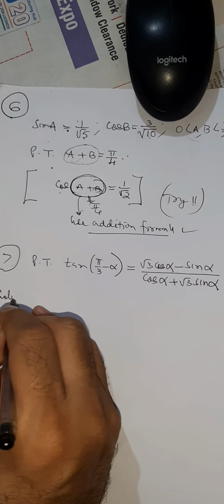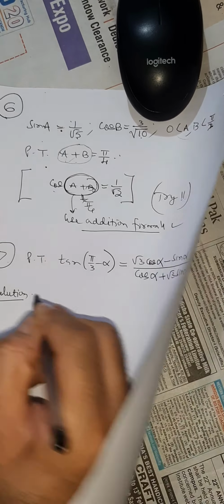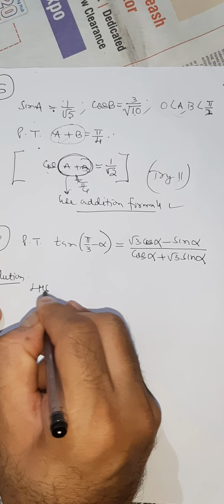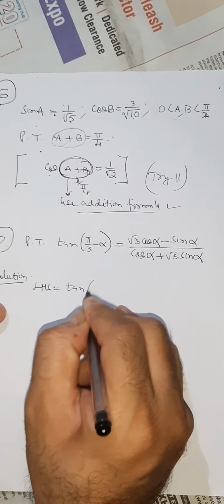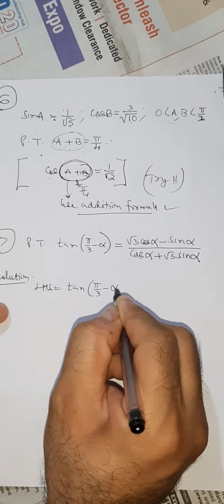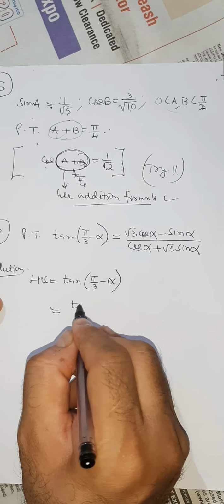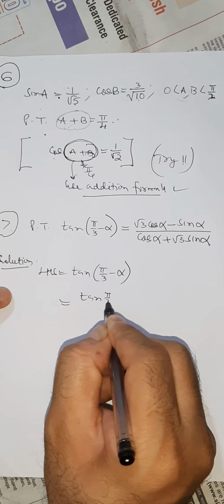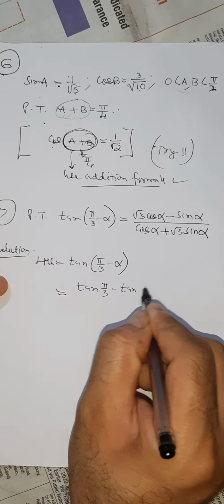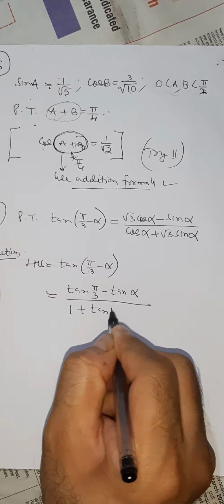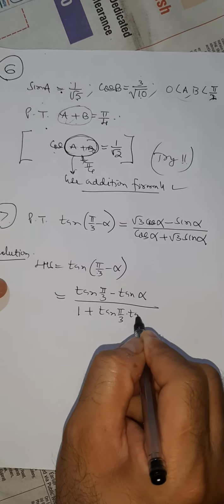So in the solution, I'll start with the LHS, left hand side. What is the LHS? That is tan of pi by 3 minus alpha. You must have realized this is just the addition formula for tan. So tan pi by 3 minus tan alpha upon 1 plus tan pi by 3 into tan alpha, the addition formula for tan.